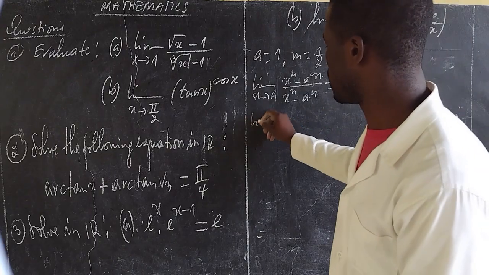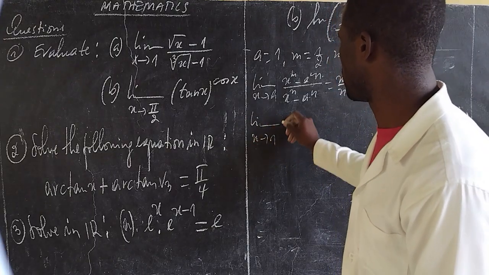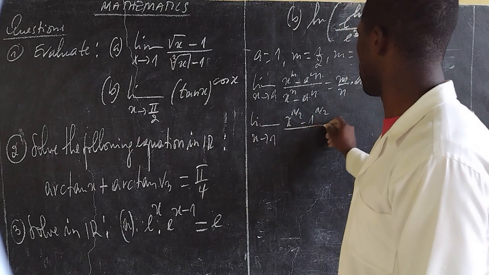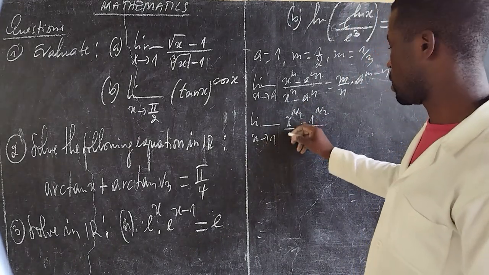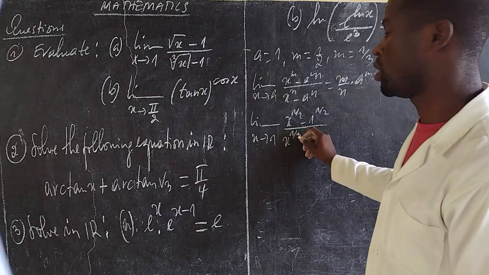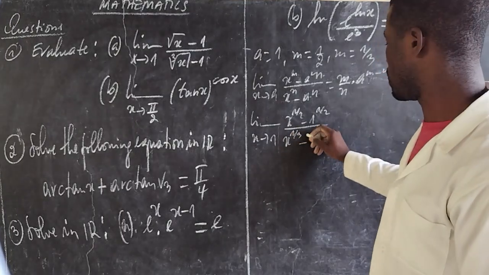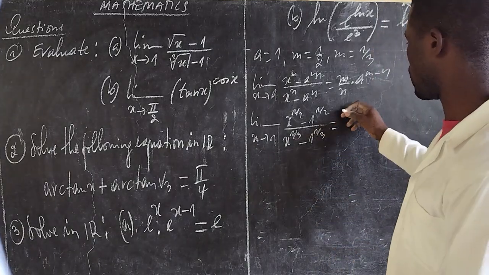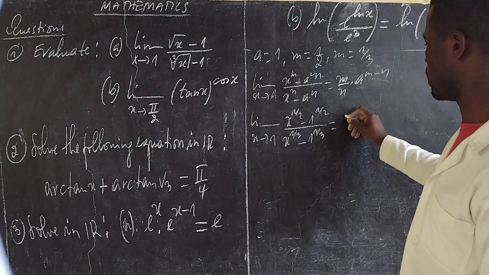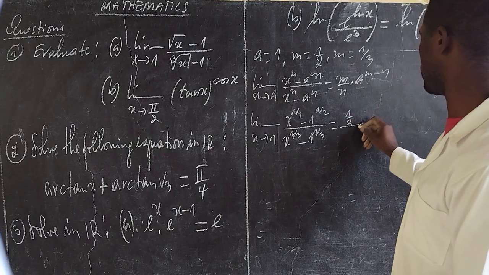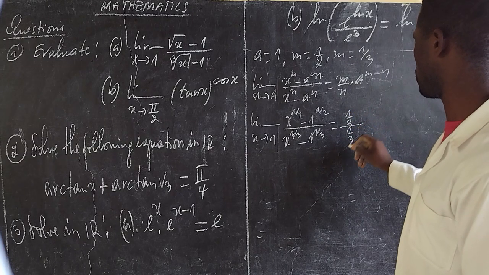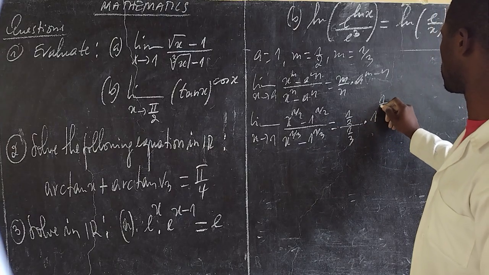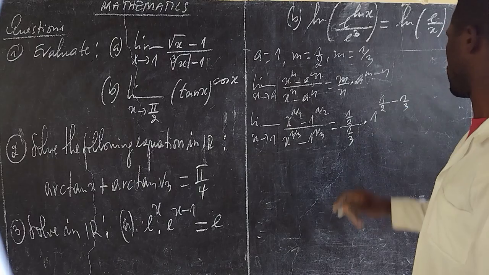This simply means that the limit as x approaches 1 of x to the power 1 over 2 minus 1 to the power 1 over 2 over x to the power 1 over 3 minus 1 to the power 1 over 3 will be equal to m over n, 1 over 2 divided by 1 over 3, times a, which is 1, to the power 1 over 2 minus 1 over 3.